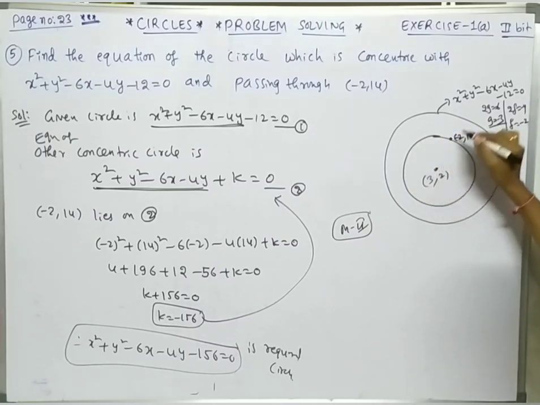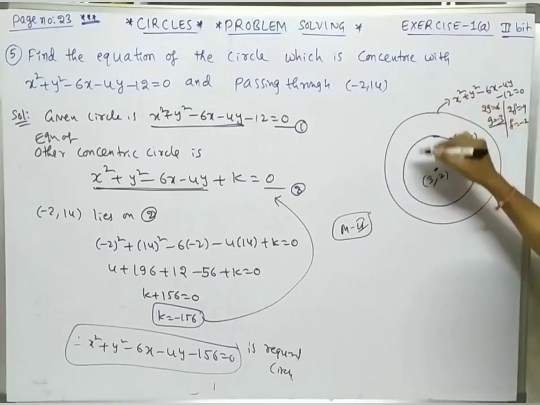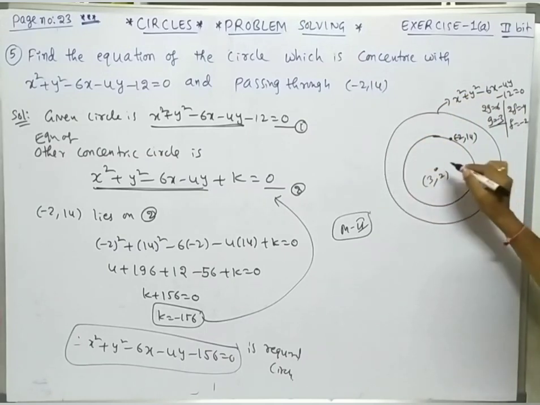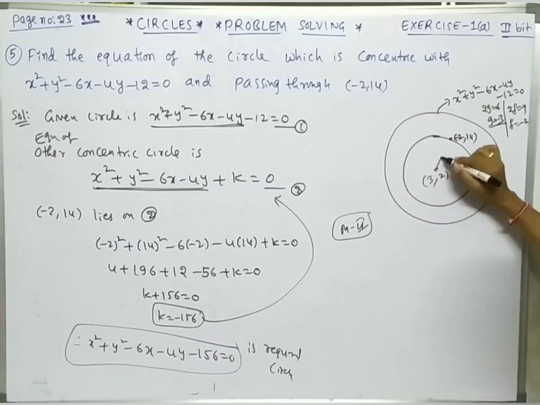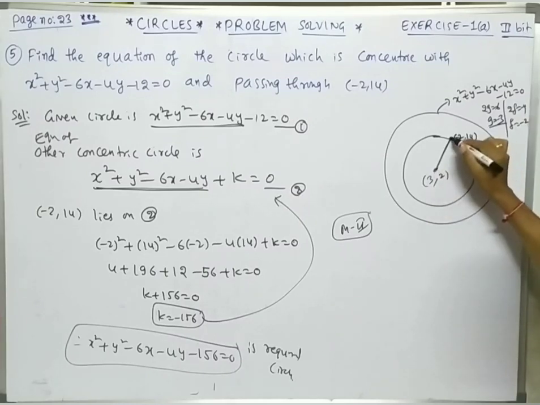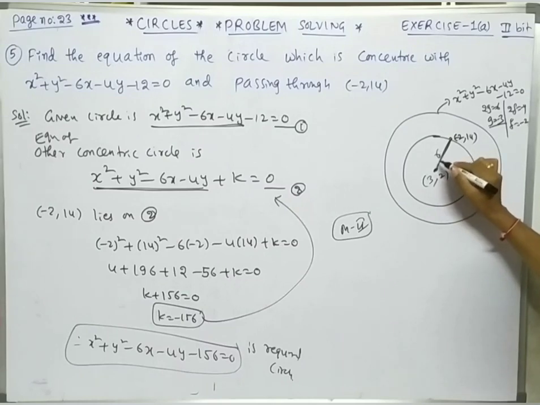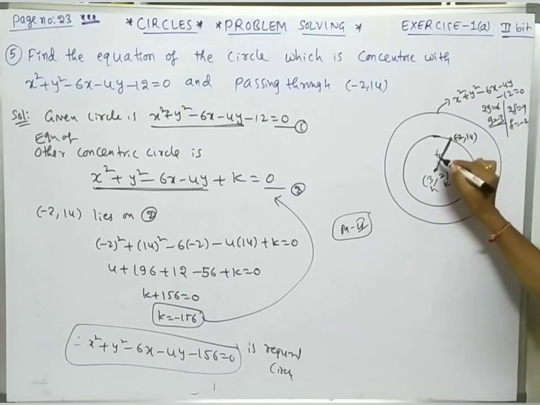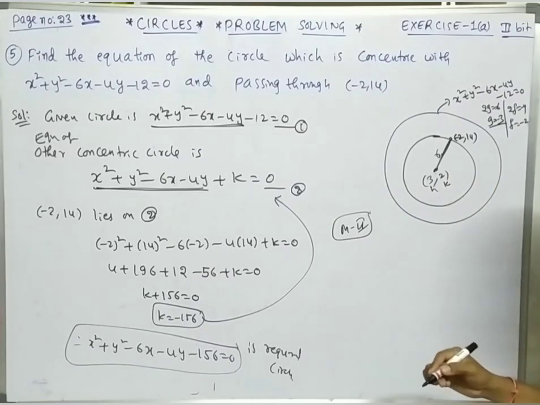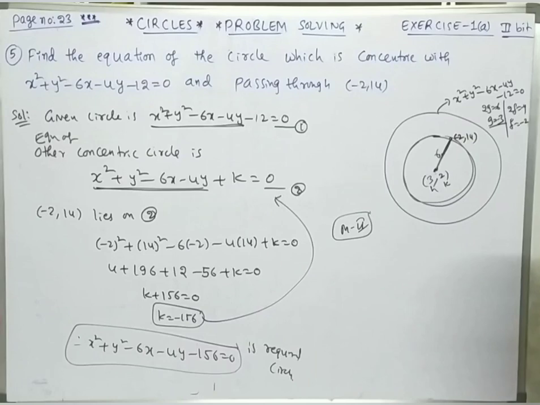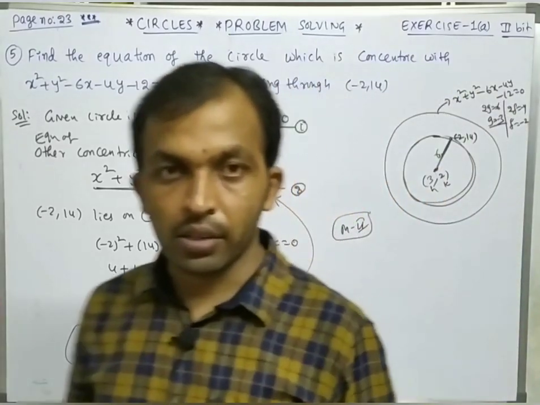We got the center from the outer circle, and the inner circle has the same center. So we have the center and a point, we can find the radius. By using the radius and center, the formula x minus h whole square plus y minus k whole square is equal to r square gives the equation of this circle.